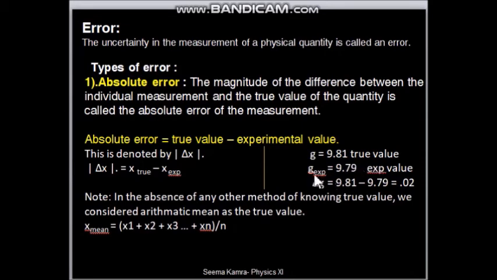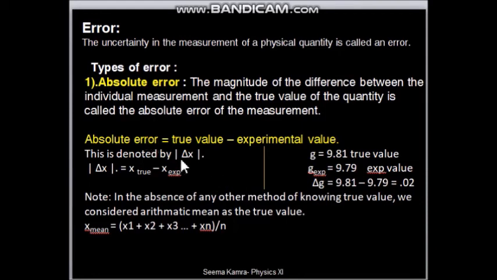Now suppose we are measuring this g through any experiment in the lab and we have got the experimental answer 9.79. Now this is very close to the actual value but not completely matching. So whatever is the difference between the true value and experimental value, that difference is called the absolute error. So true value minus experimental value is called the absolute error.